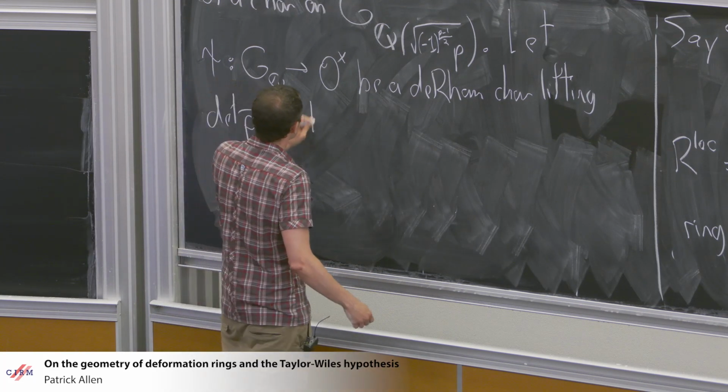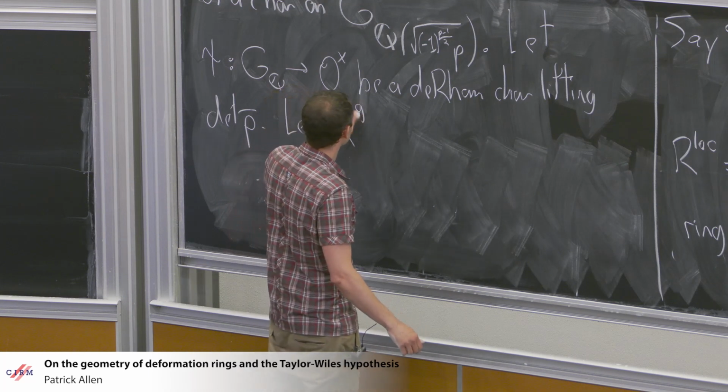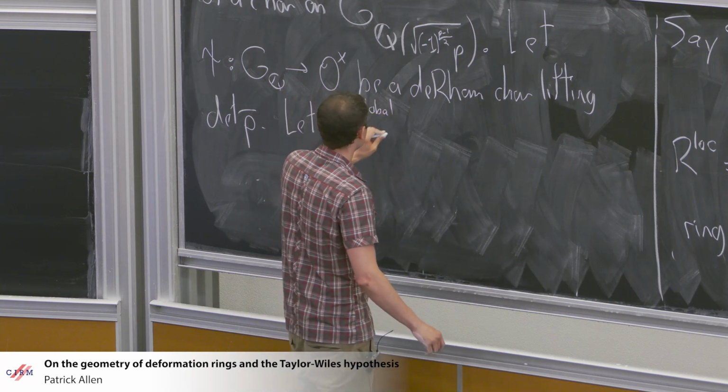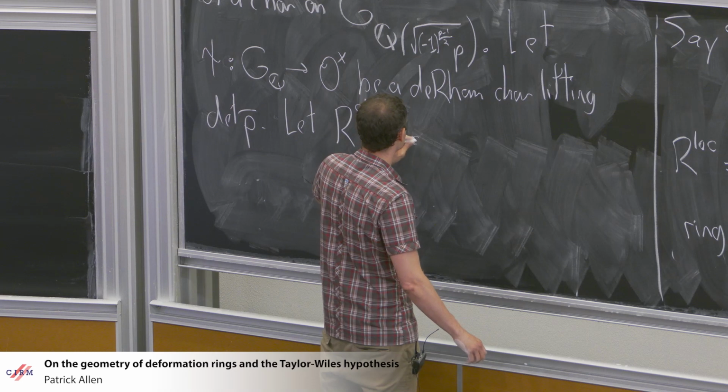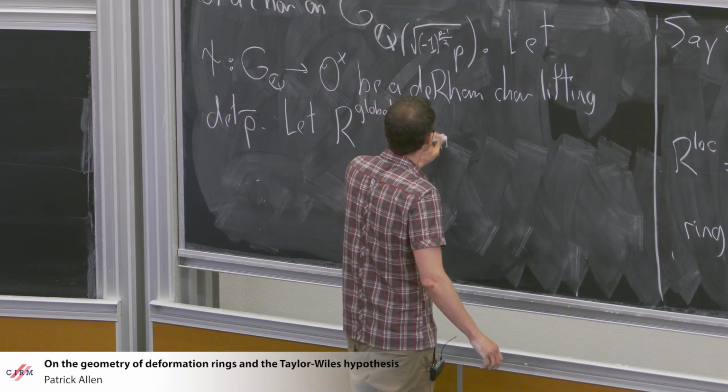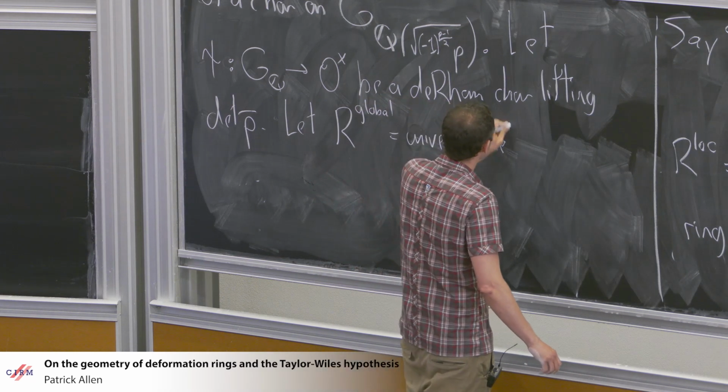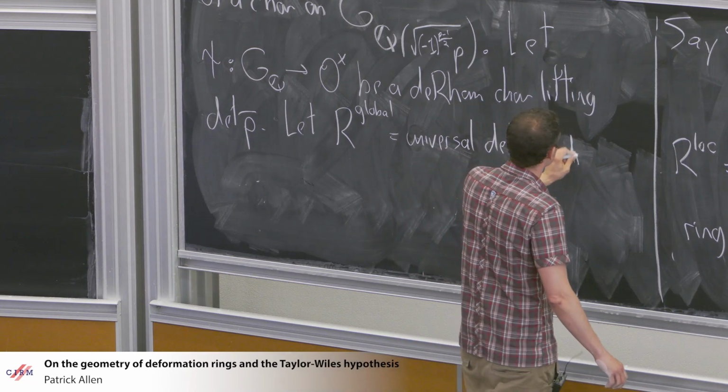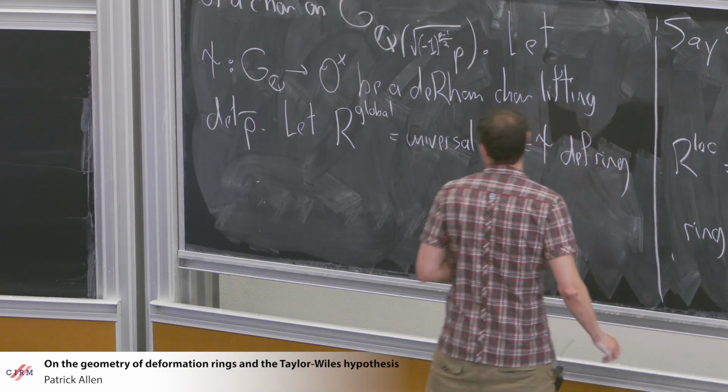Let's let our global R equal the universal determinant, the universal determinant equal to C deformation ring, unramified outside S.